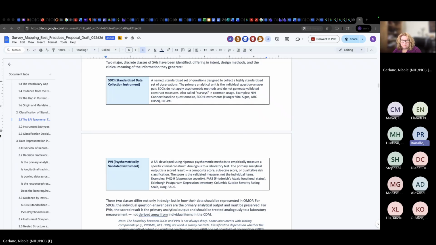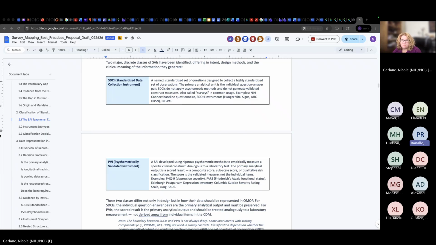But again, for questionnaires, for these standardized data collection instruments, I'm also trying to understand what the plan is for translating the interpretation, right?